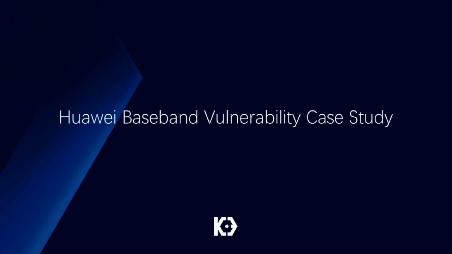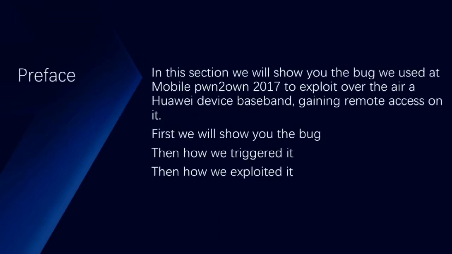So let's now go into the case study of the baseband. In this section of the presentation, we will first show the bug, then we will explain how we trigger it, and then how we exploited it.